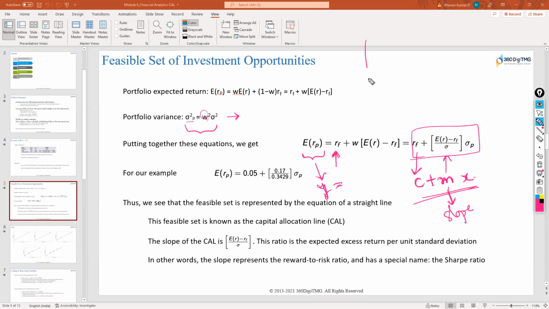This is like the equation of a line, and the slope of this line, on how steep it is or how flat it is, is given using this formula. And this equation of line is the CAL, capital allocation line. This slope is called the reward-to-risk ratio, and this is also called the Sharpe ratio.